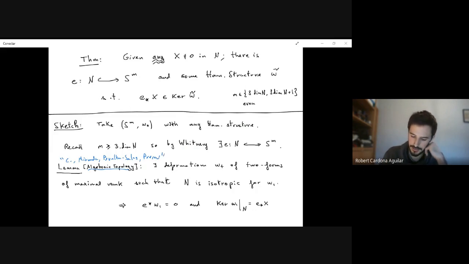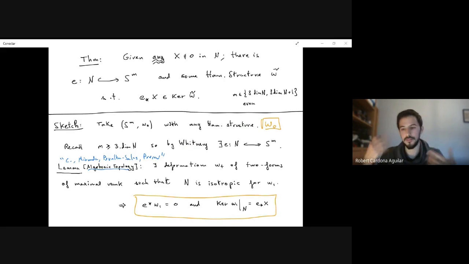So what this is saying is that I fixed a Hamiltonian structure, let me call it omega 0. And this lemma, which is, as I was saying, algebraic topology, tells you that there is a deformation of this omega 0 into some omega 1, which satisfies two conditions. First, the deformation is along two-forms of maximal rank, but we don't know if they are closed. So omega 0 is a Hamiltonian structure, it's non-degenerate and closed, but the path is not a priori.